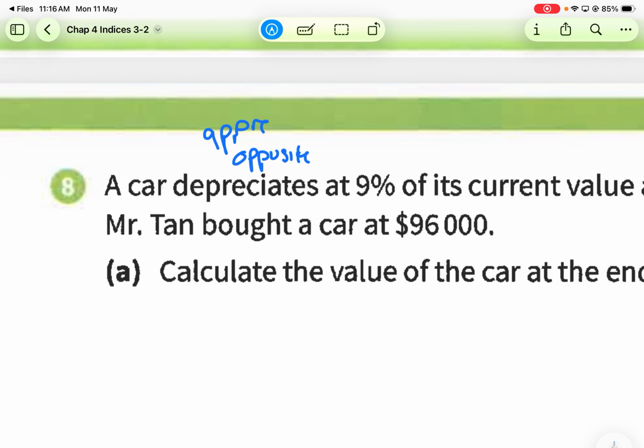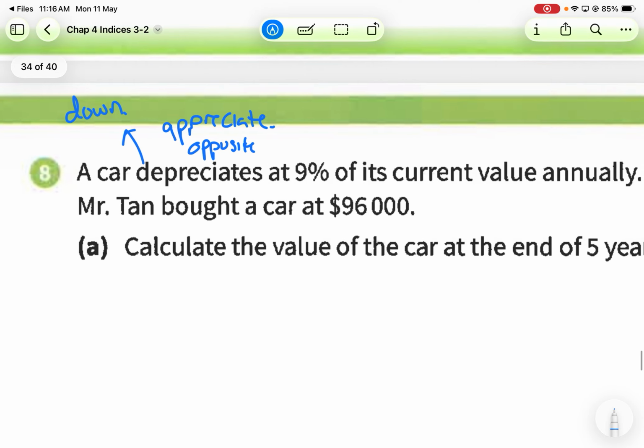Opposite of appreciate. Okay? Appreciate is something good. That means your money become more money. Okay? So depreciate, D for down, means your money become less money.